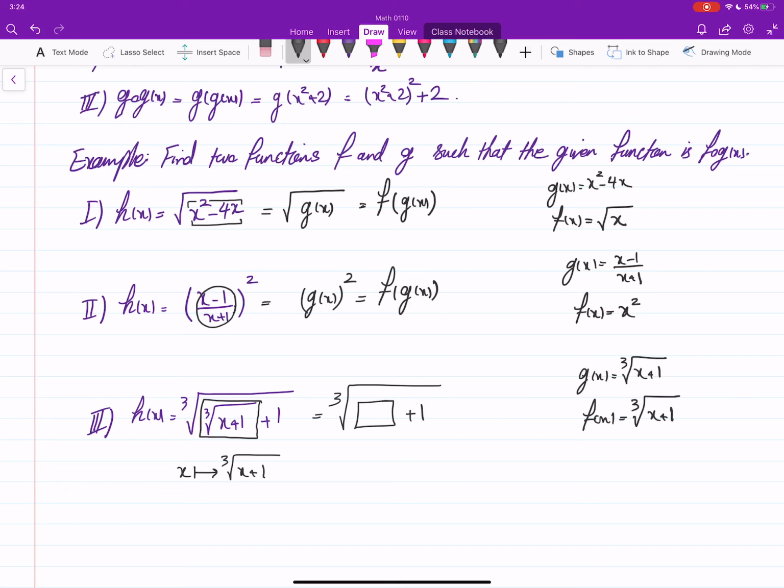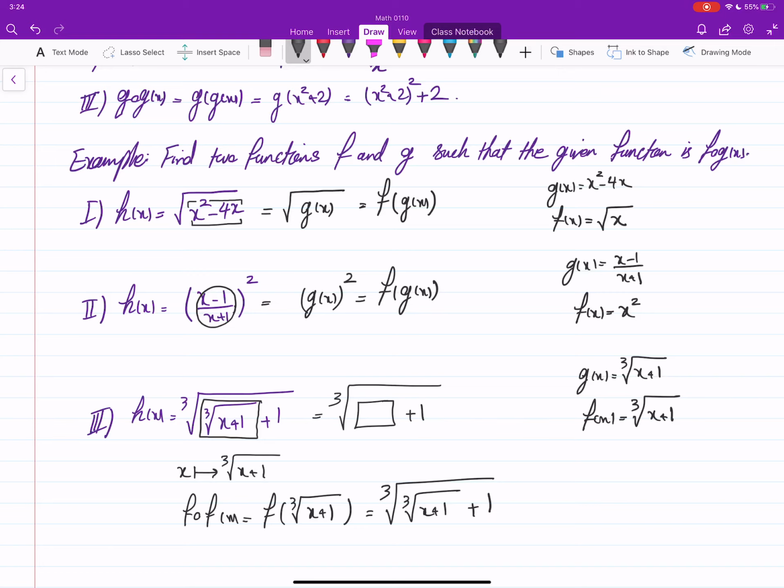So basically, f o f, well, in this case f and g are the same thing, is f of the third root of x plus 1. And then this means that you have the third root of the third root of x plus 1, plus 1.